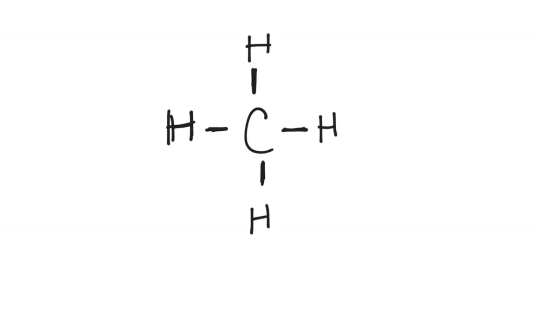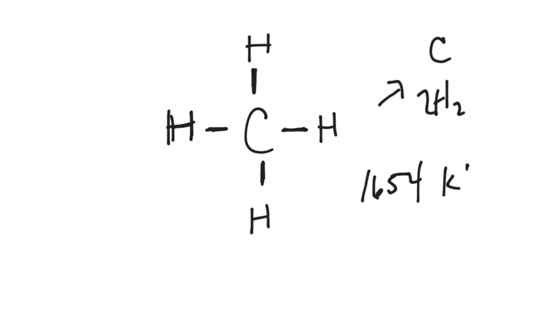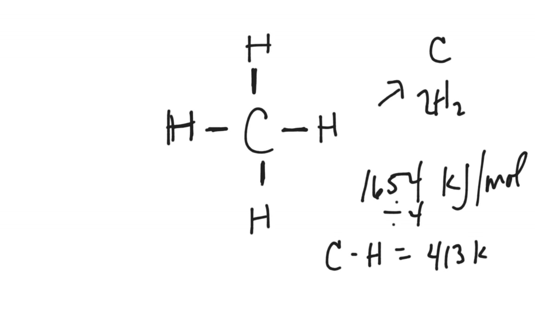We also know that if I combust this and take it back to carbon and hydrogens, I get out 1,644 kilojoules of energy per mole. And so it's really easy to say that for each CH bond, 413 kilojoules of energy exist.